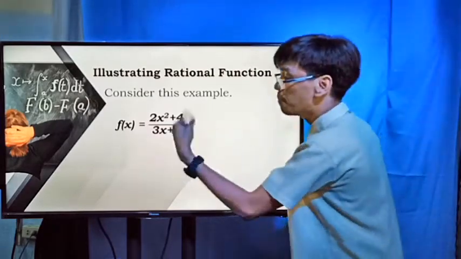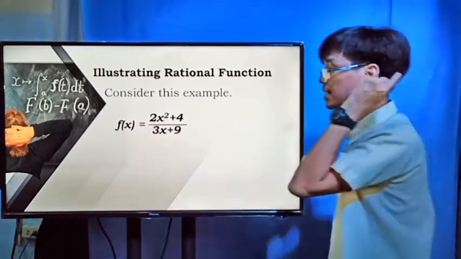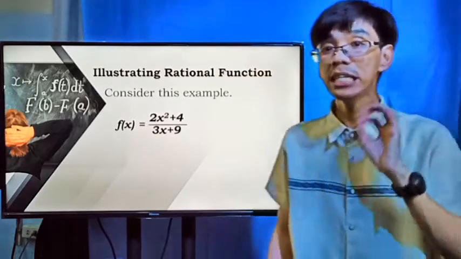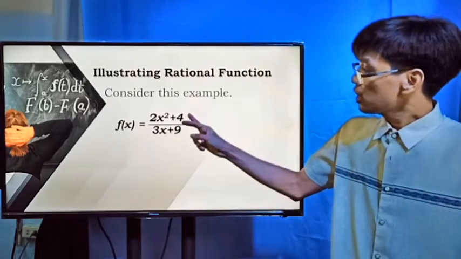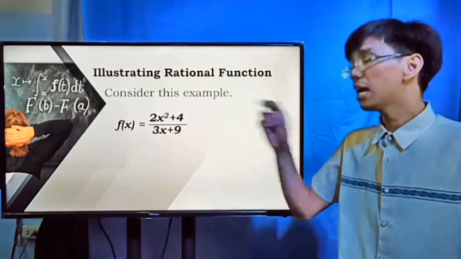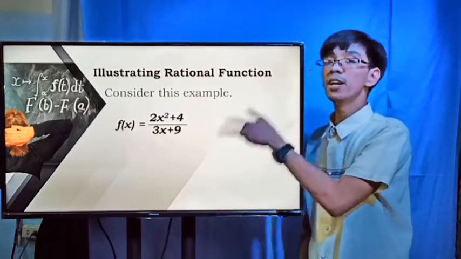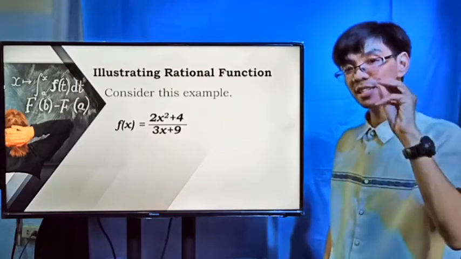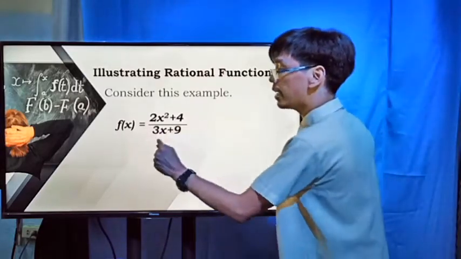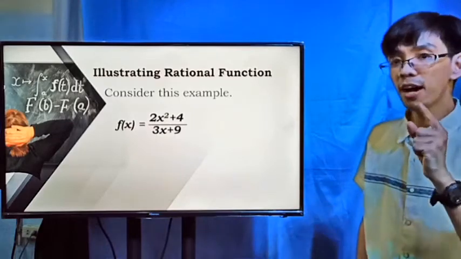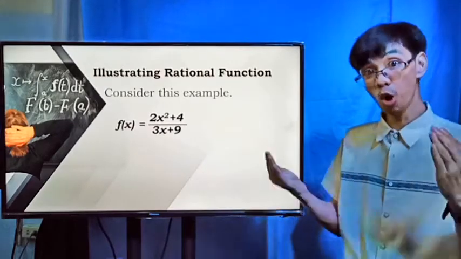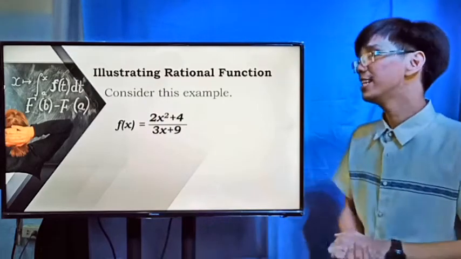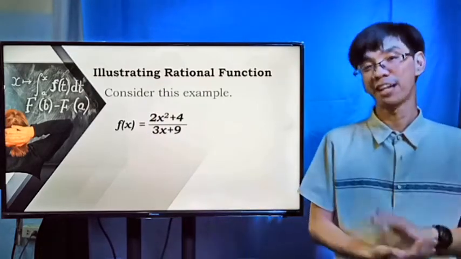Also, the denominator has terms with variables with positive integer exponents. Therefore, the numerator function and the denominator function are both polynomial functions. Another thing we must consider: is the denominator function a zero function? No. Therefore, this given function is a rational function.